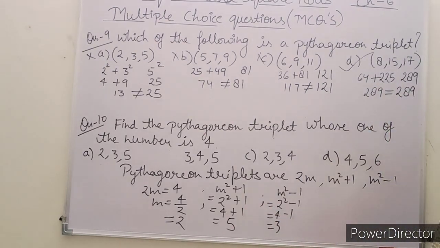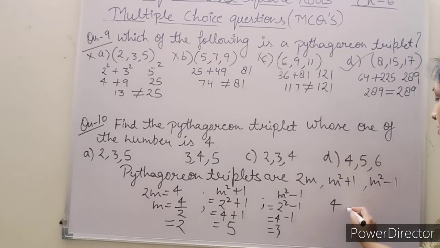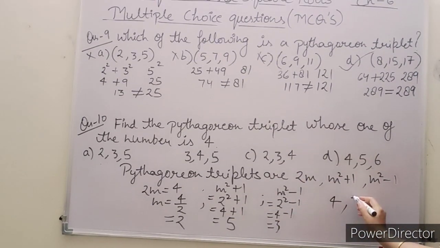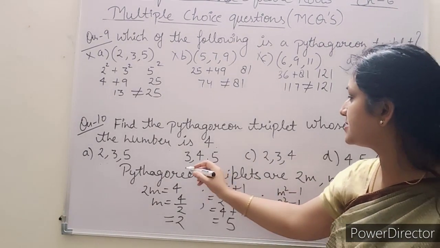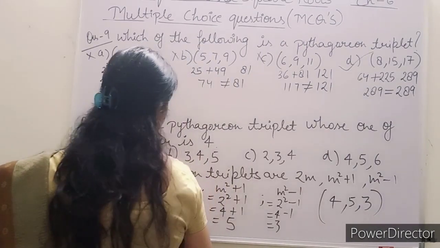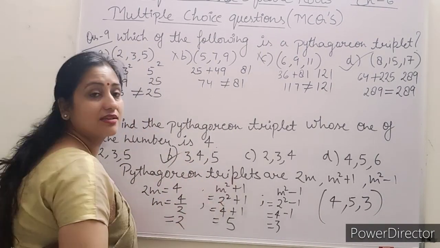So here the Pythagorean triplets are 4, which is given, and next 5 and 3. 4, 5 and 3. A option is 2, 3, 5 and B option is 3, 4 and 5. So this is correct.